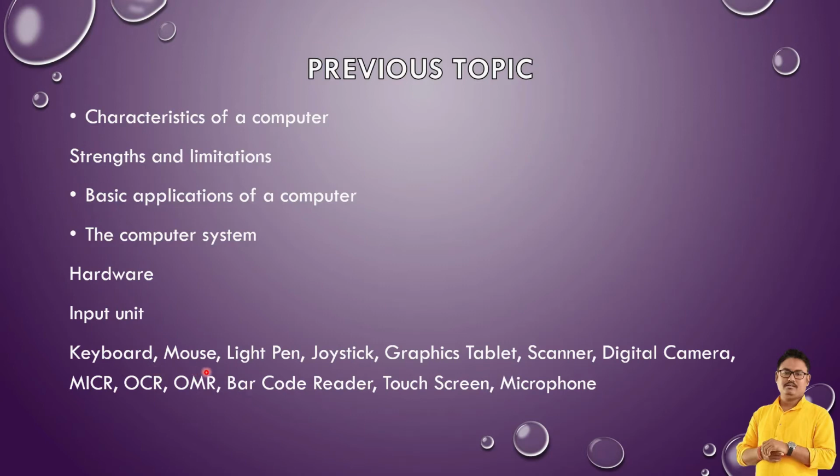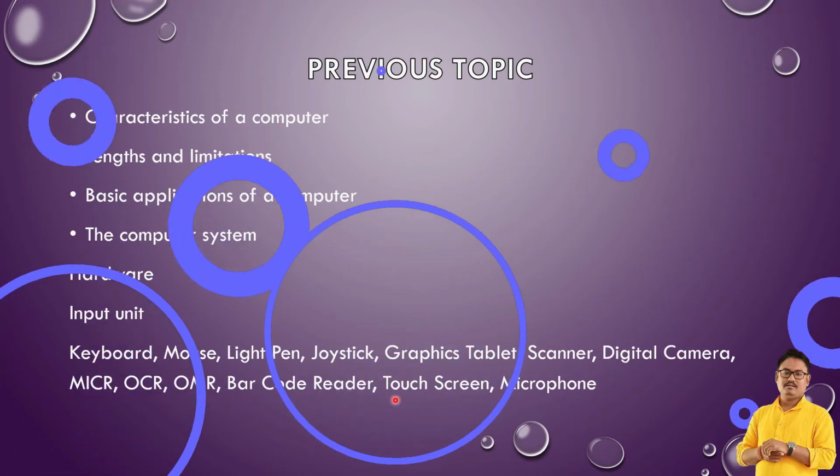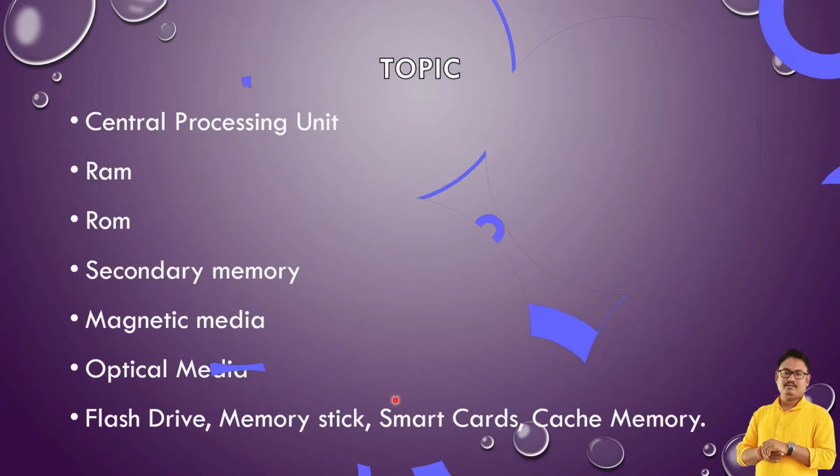These keyboards, mouse, light pen, joystick, etc. are under the topic input unit. All these are input units, and we have already completed this. So today's topic is central processing unit, RAM, ROM, secondary memory. RAM full form is random access memory, ROM is read-only memory.